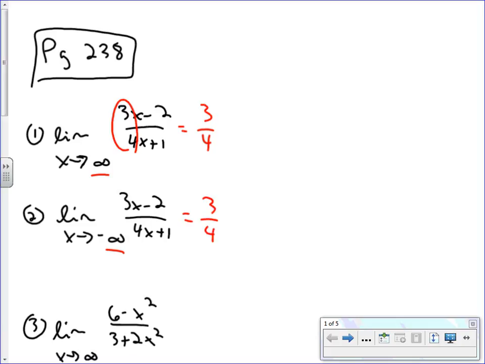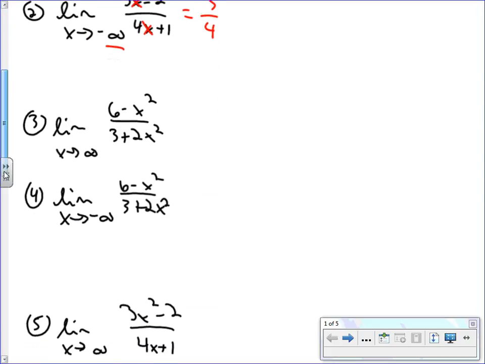If you think through that just a little bit, in the first example you have a big positive number divided by a big positive number. In example two, if you plug in big negative numbers, you have a negative divided by a negative, which is also positive. So if the degree is the same, then it's the coefficient of that term.